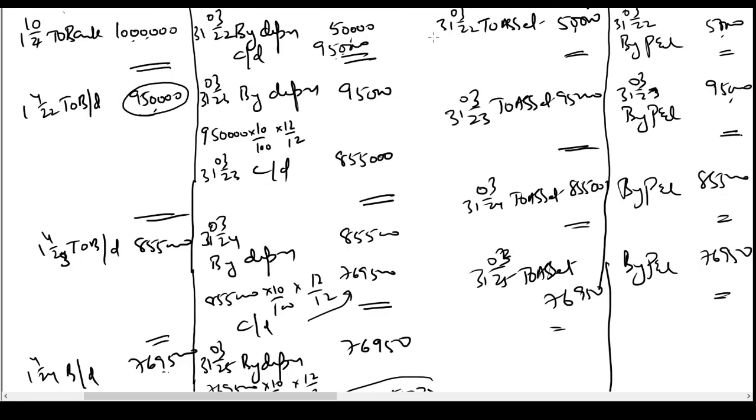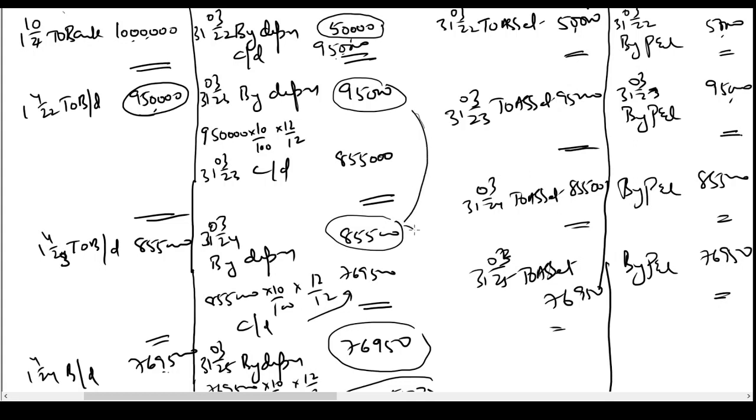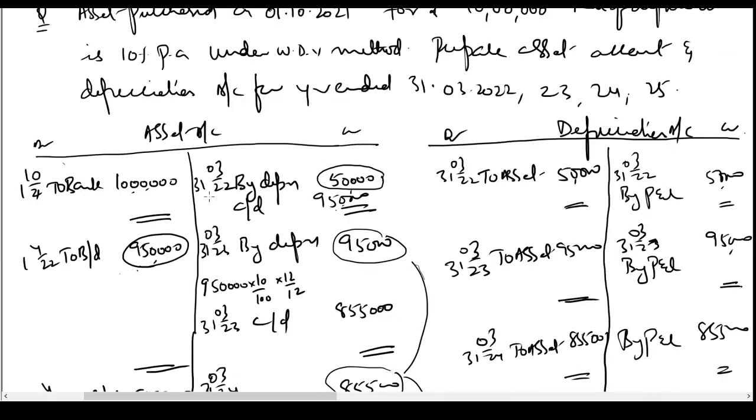If it was used for the full year in the first year it would have been 1 lakh. Second year it has reduced to 95,000. Third year it has reduced to 85,500, and the fourth year it has reduced further to 76,950. So the depreciation is reducing every year, and the rate is being applied on the diminished value of the asset, written down value of the asset every year. That is why this is called the WDV method of depreciation.